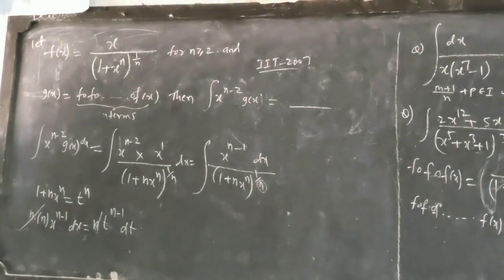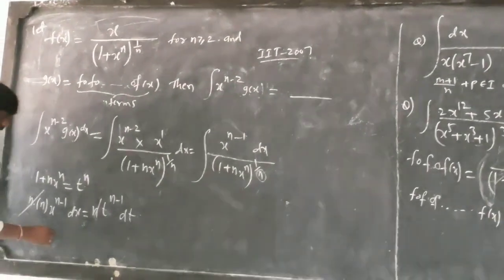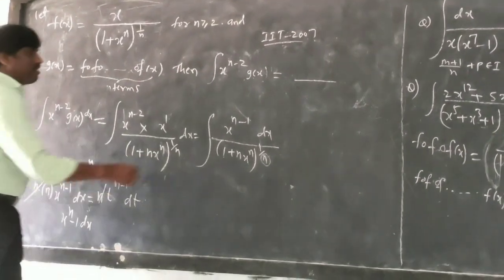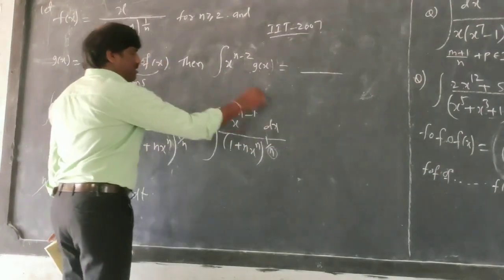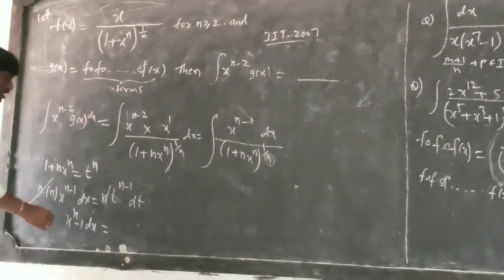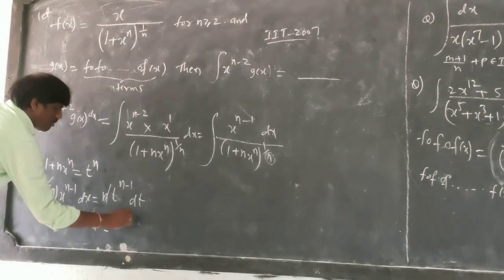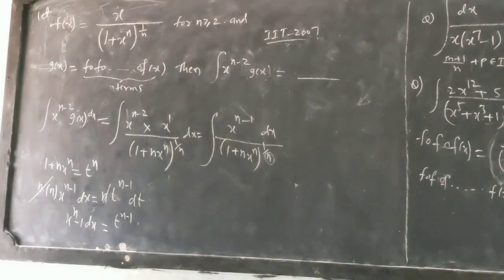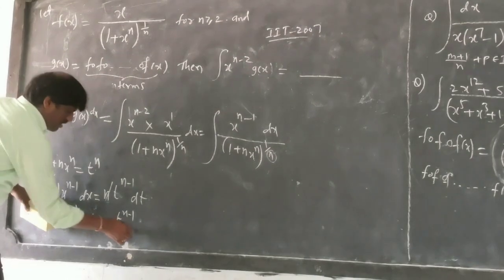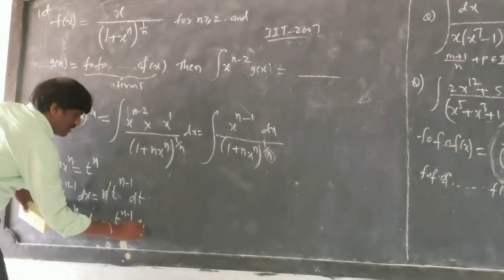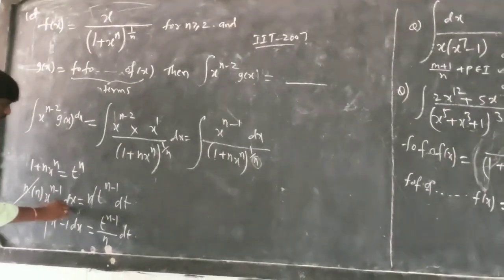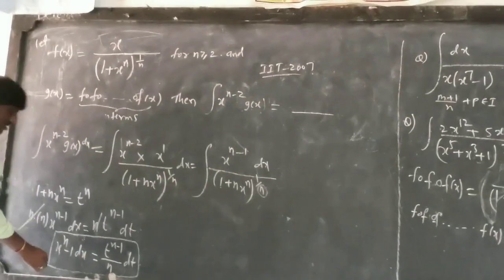So what I get here, x^(n-1) dx is t^(n-1) dt. This n is multiplied, sending this side, divided by n dt. So you got this x^(n-1) dx as t^(n-1) by n dt.